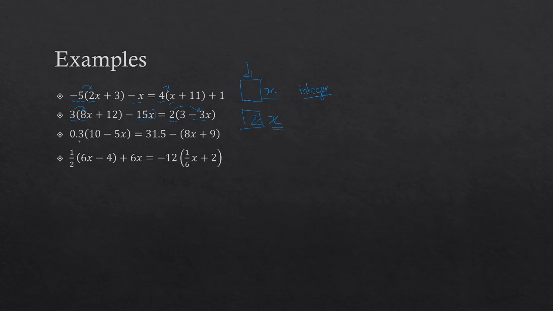Next we have 0.3 multiplied by the bracket 10 minus 5x, equal to 31.5 minus bracket 8x plus 9. We will multiply 0.3 by minus 5, which will give us 1.5, which is a decimal number multiplied by x.